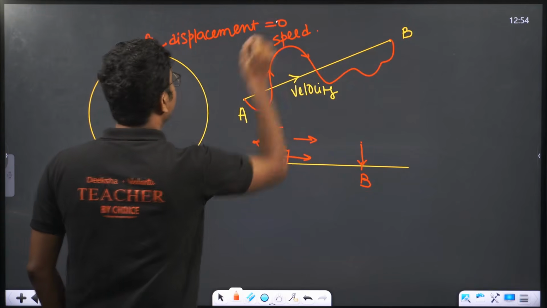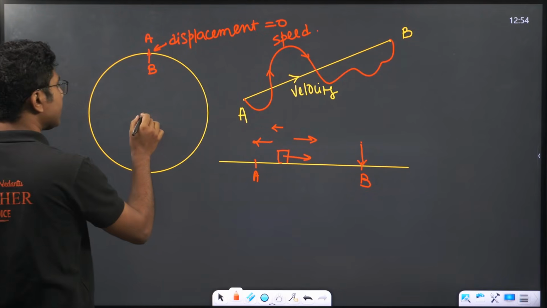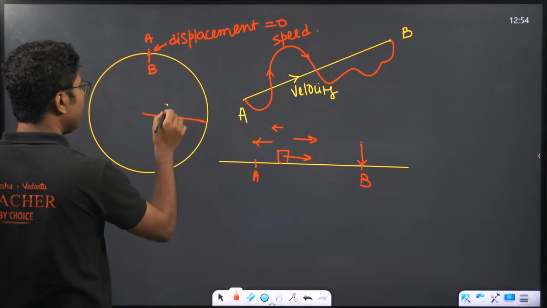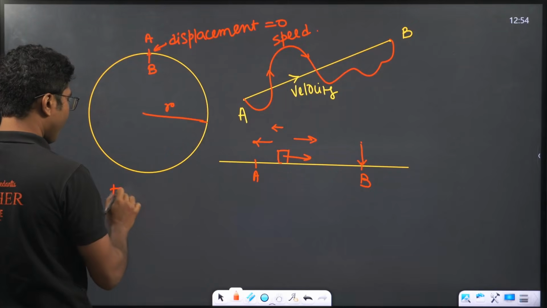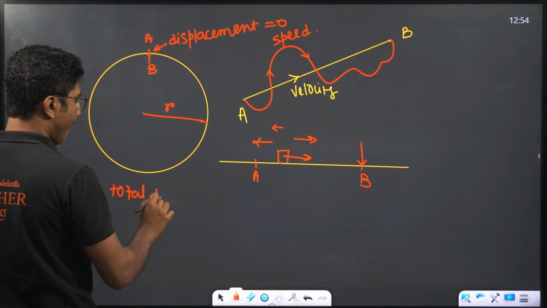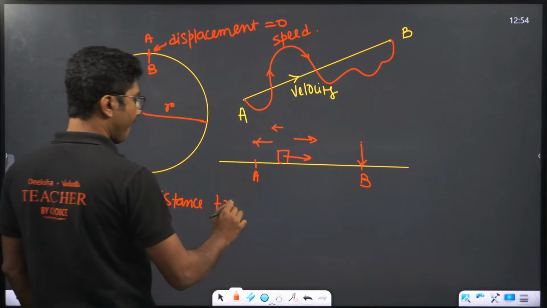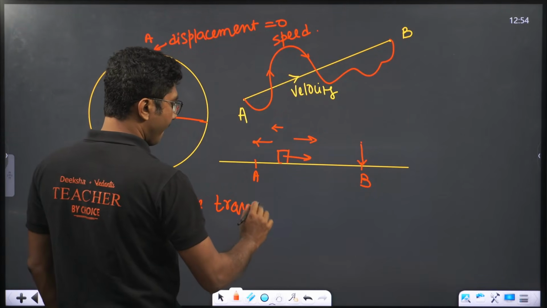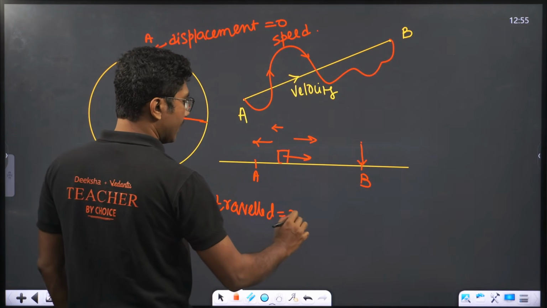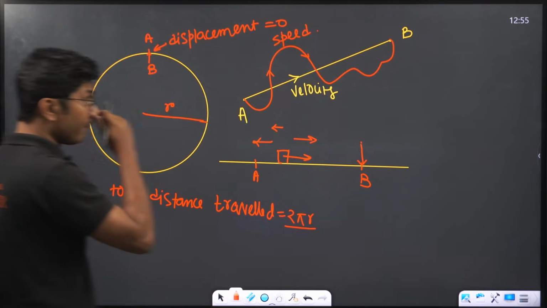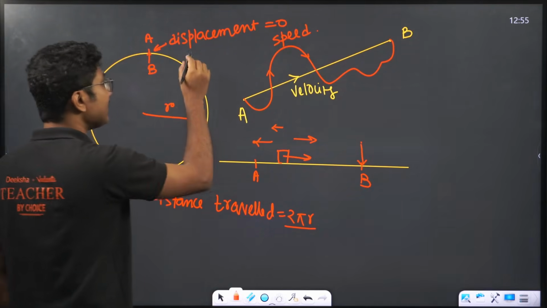But total distance traveled, if you know the radius of this circle, is 2 pi r, right? So even if the displacement is 0, velocity is 0 here.